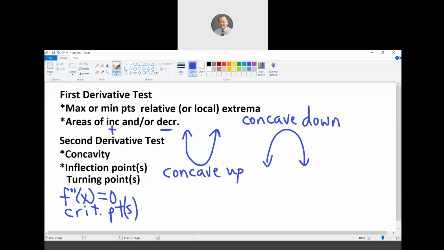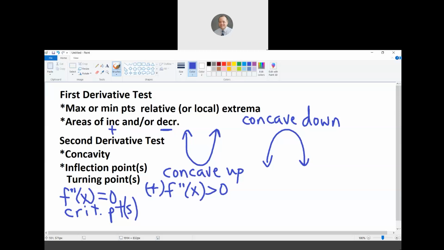The plus and minus signs also tell us things about concavity. If you have a plus sign, or if your second derivative is positive, greater than 0, then that means the interval or intervals where your function is concave up.